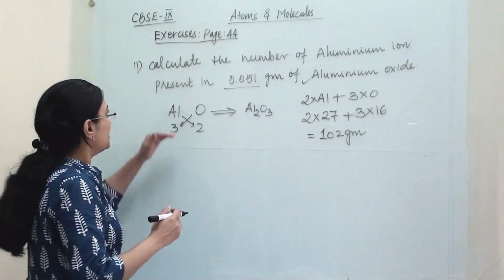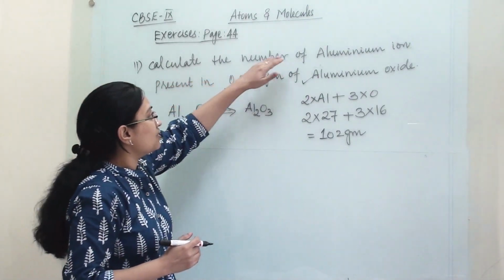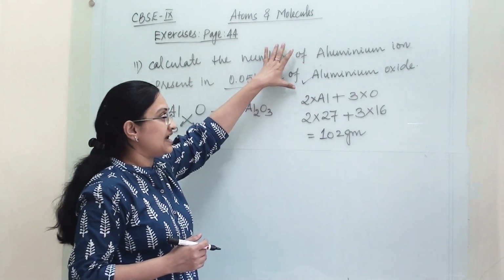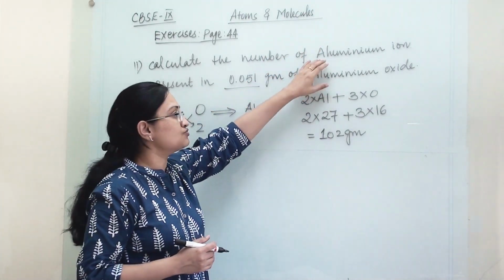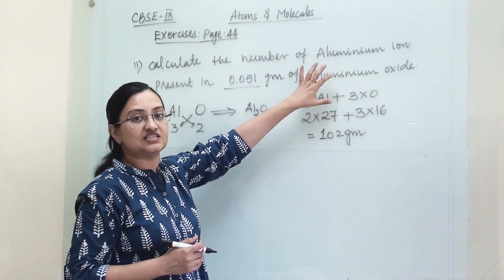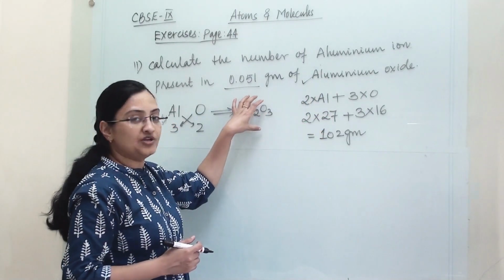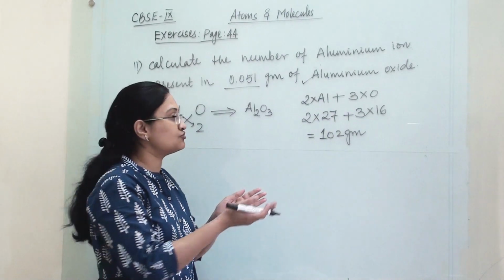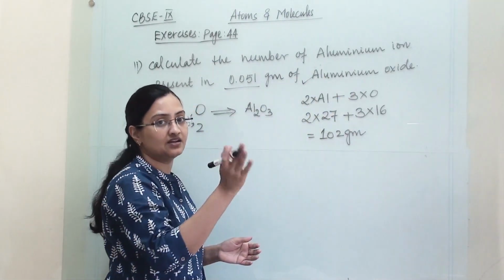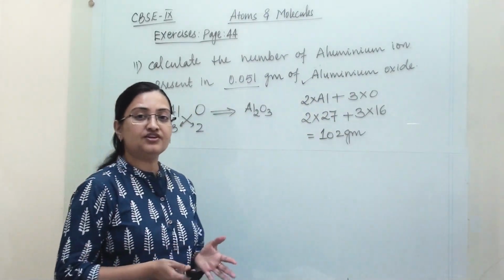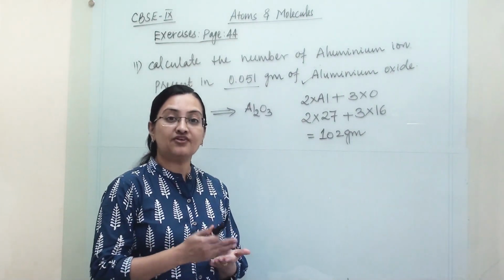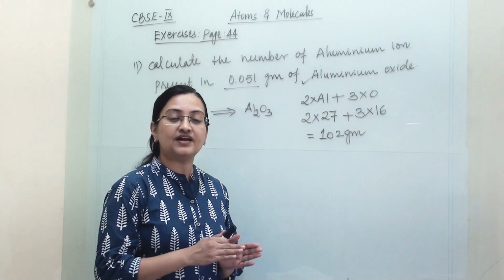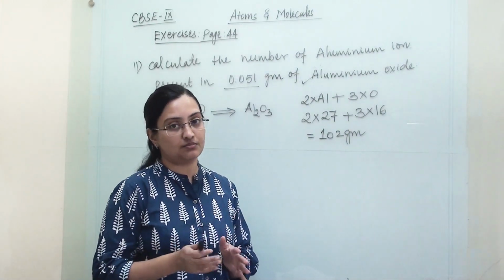Now next step, we have to find out the number of aluminium ions. One note has been given with this, that aluminium ion is equal to aluminium atom present in aluminium oxide. That means aluminium ions will be equal to how many aluminium atoms are there. Whenever we find the number of atoms and number of molecules, we have to find it through Avogadro's number.